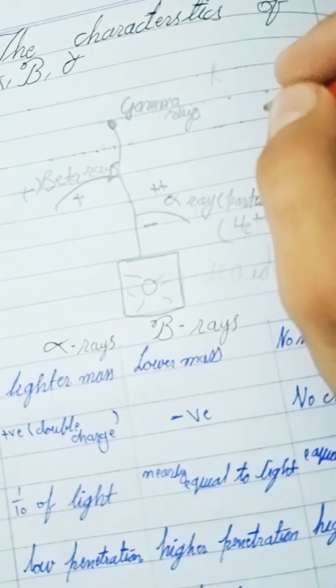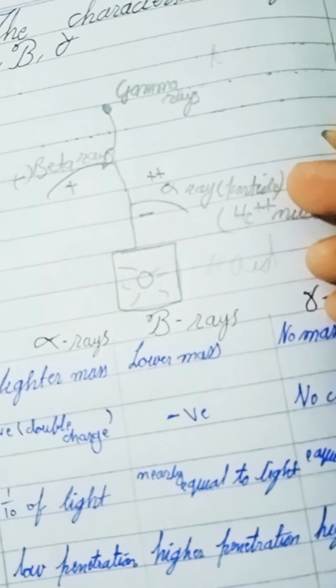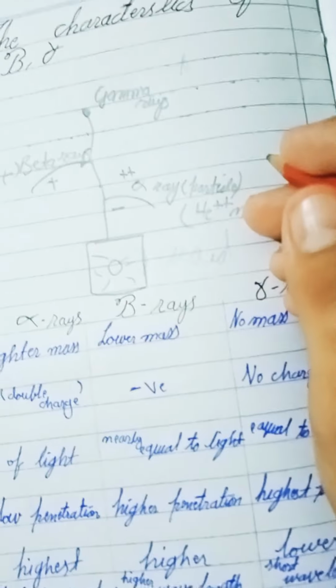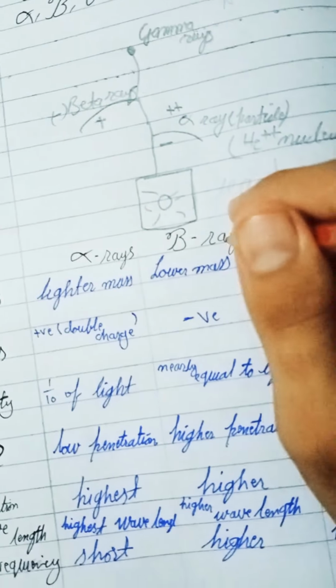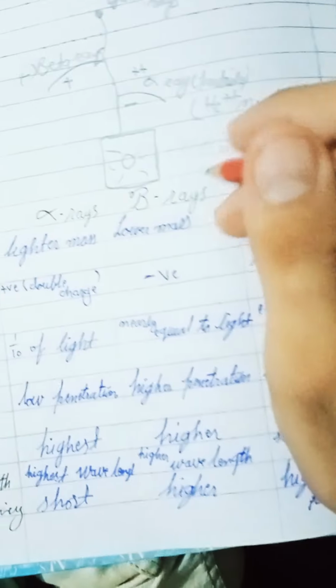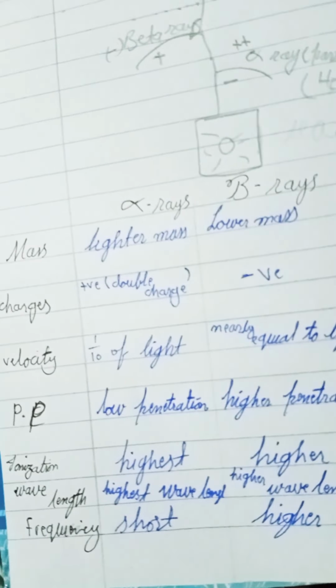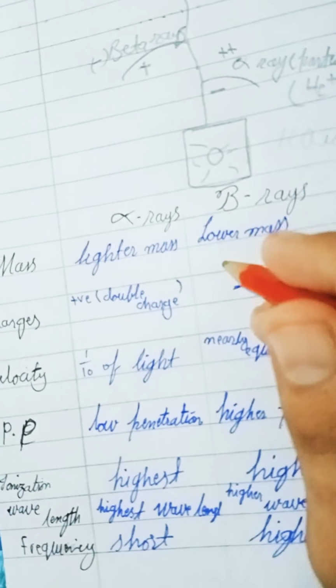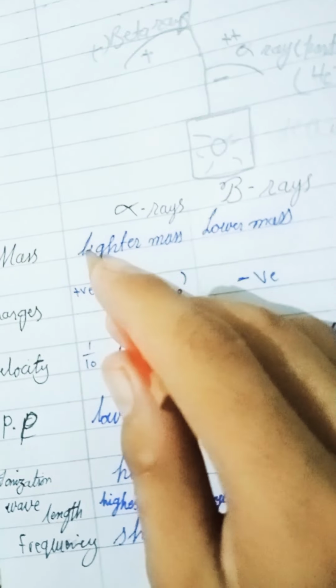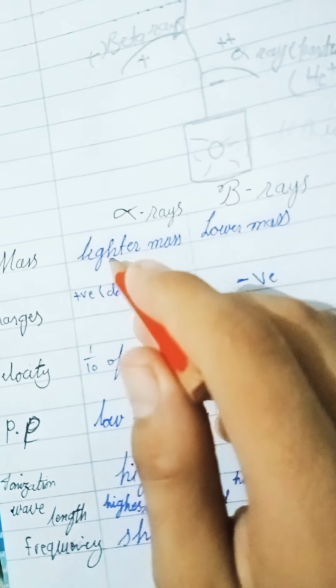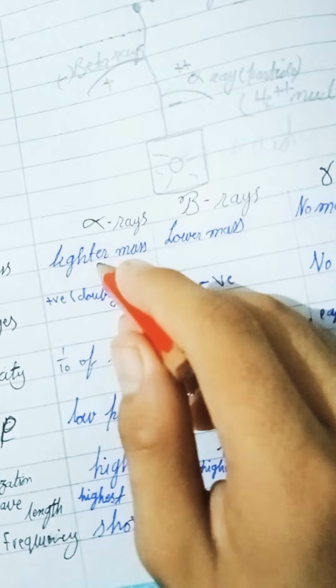Now you'll ask, what are photons? Packets of energy. You have studied this in previous classes, I hope. This was a basic, we also did it in previous videos, but now I was just reminding you. So let's first talk about mass.